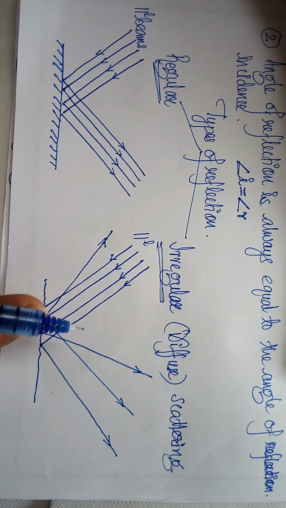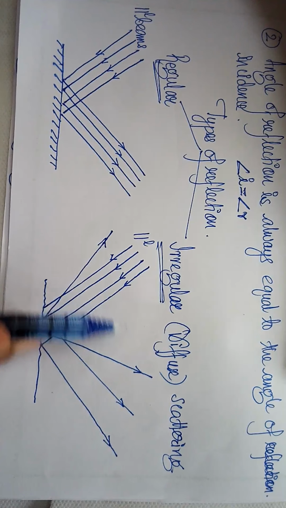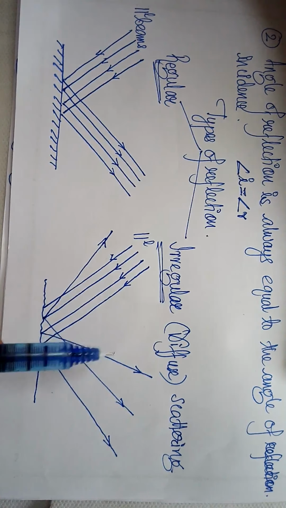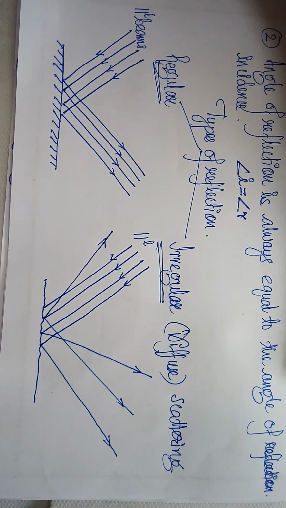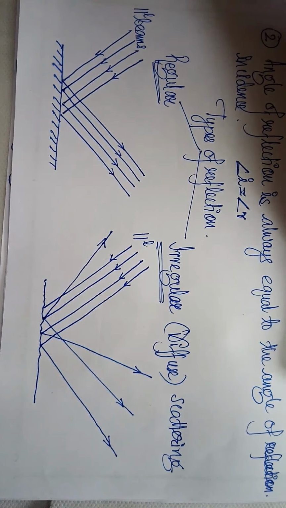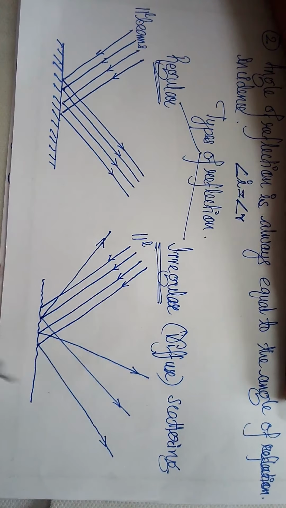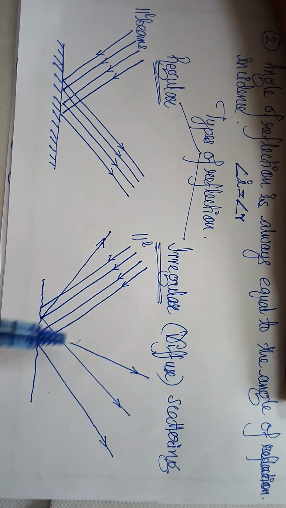When a parallel beam of light rays falls on the rough surface of a sheet of paper or something like that, the light is scattered by making reflected rays in different directions, as shown in this figure. It can be explained like this: the particles of a rough surface are all facing in different directions.